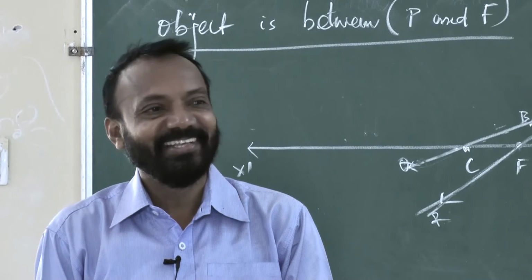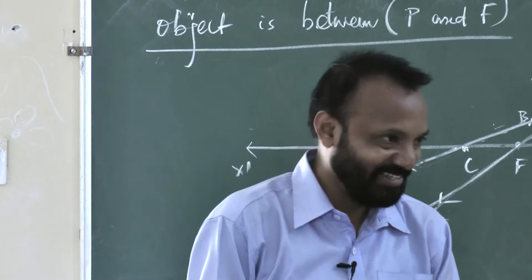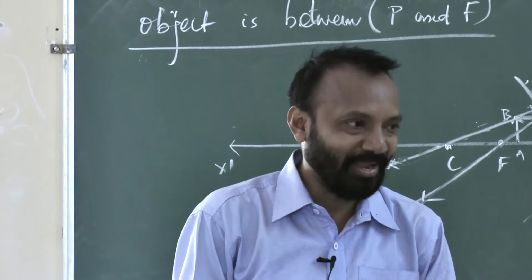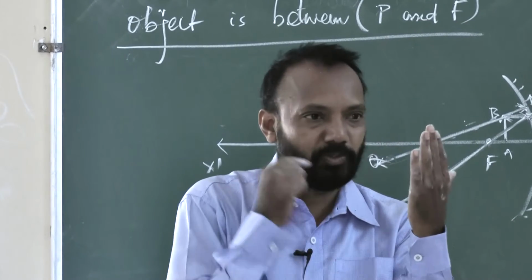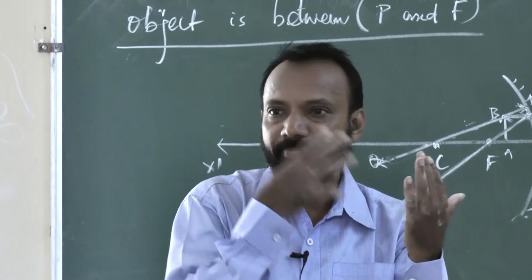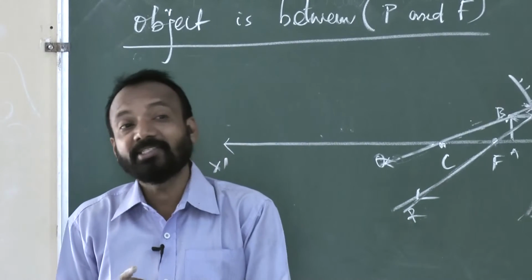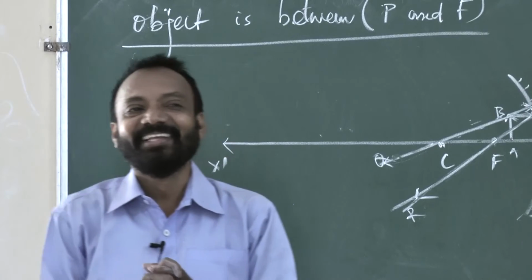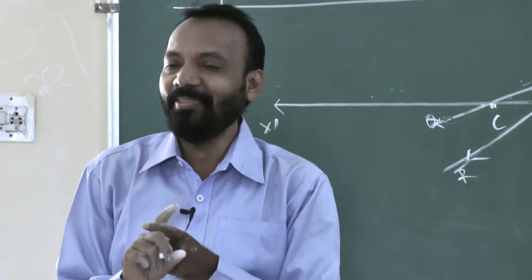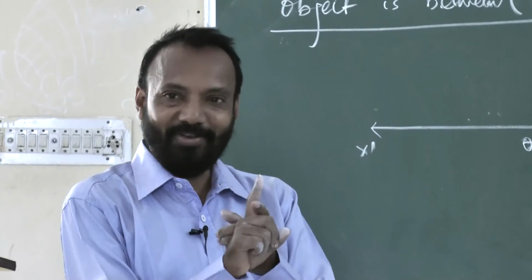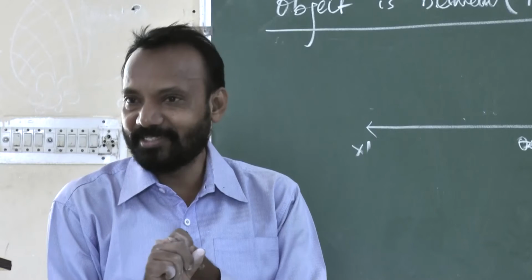What is that? That is called a makeup mirror. That means ladies use it to make up themselves. So the concave mirror is used as the shaving mirror for men, and the makeup mirror for women or ladies.